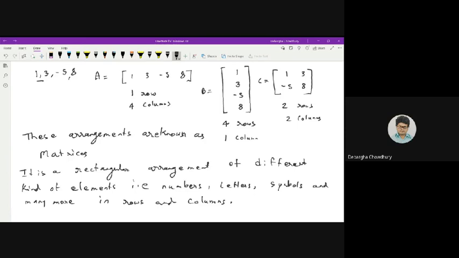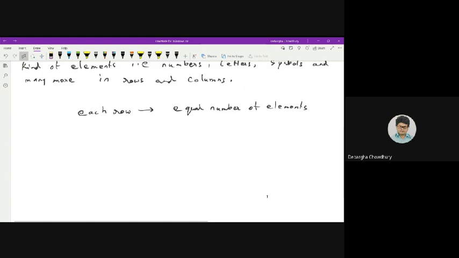In matrix B there are four rows, and in each row there is only one element. In matrix C there are two rows, and in each row there are two elements. So each row has an equal number of elements.